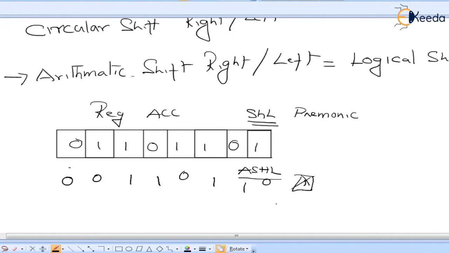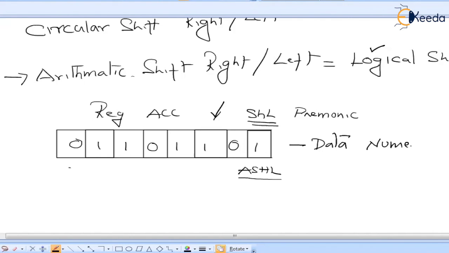Now, what is the difference exactly? Try to understand the main difference between logical shift and arithmetic shift. The logical shift that is performed on any register is considered a shift performed on some data which is not numeric.